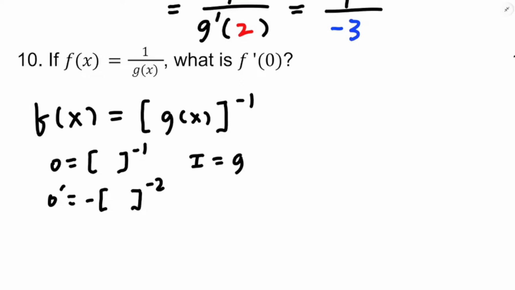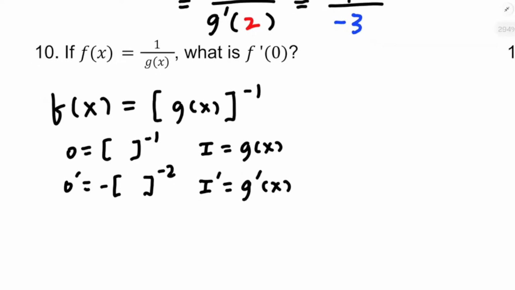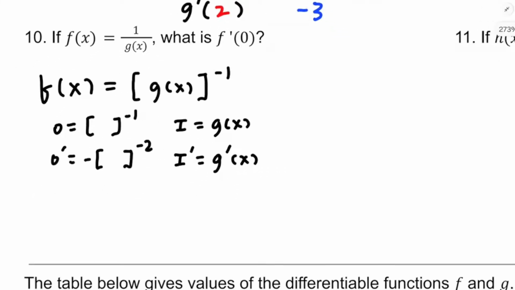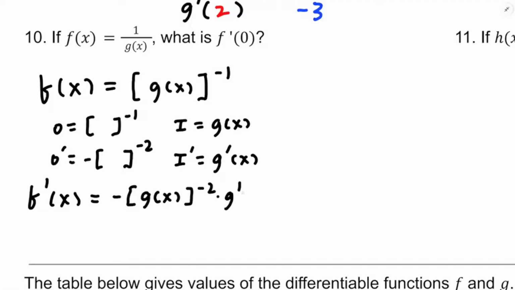Inside is g of x, and inside prime equals g prime of x. All right, so f prime of x is going to equal the negative of g of x to the negative 2 multiplied by g prime of x for the chain rule.